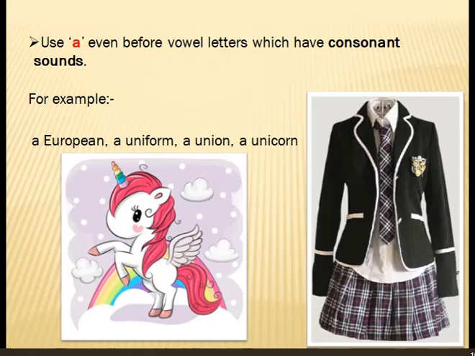E and U are vowel letters, as we have 5 vowels in English: A, E, I, O and U. So here you can see these words European, uniform, union and unicorn begin with vowel letters, but they produce a consonant sound.